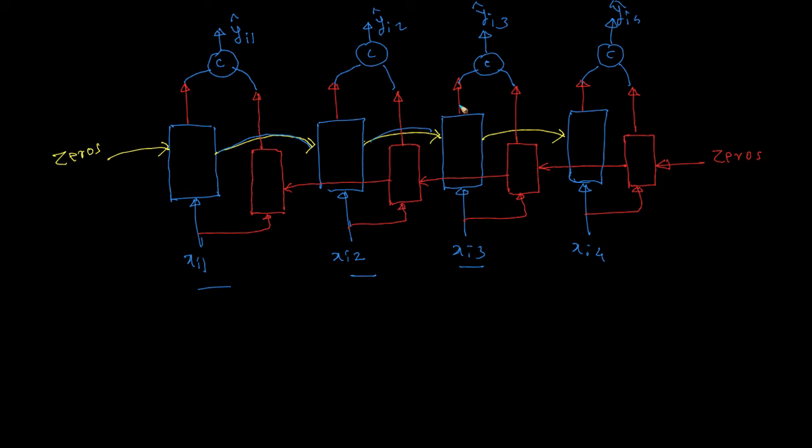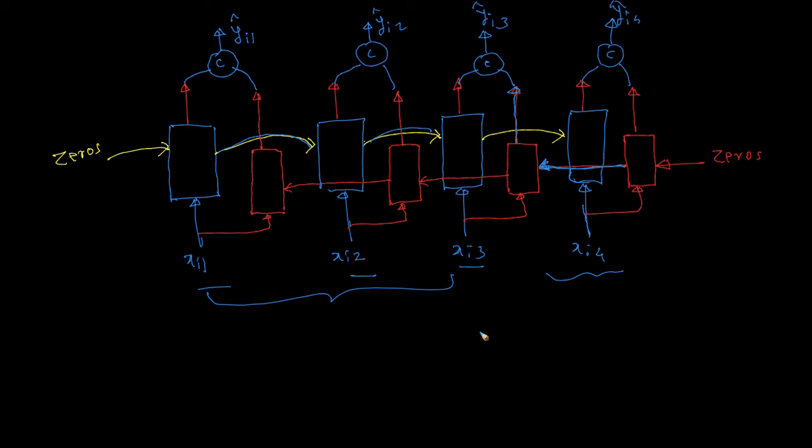So yi3 is getting all of these. That means if an output depends on future inputs, those future inputs can be fed in by using bidirectional RNNs.